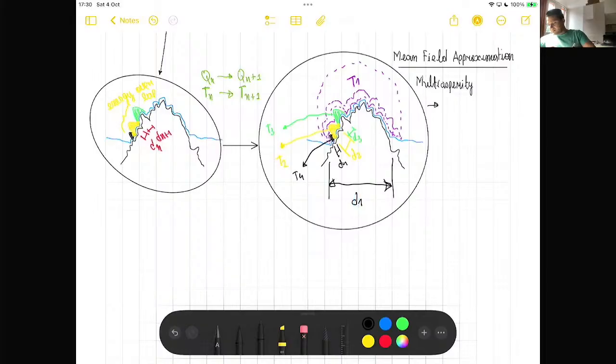So let's write here. Heating of the rubber on the larger rubber volume element with size D1.